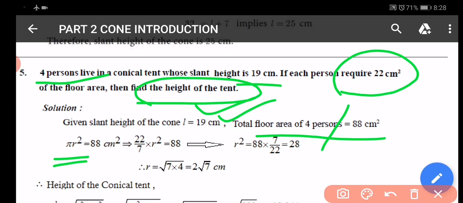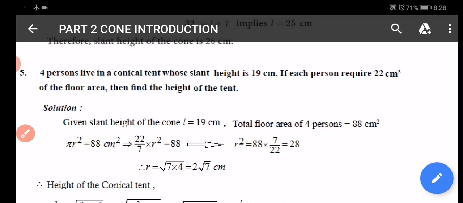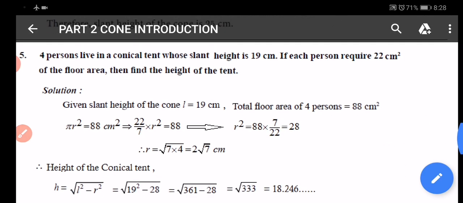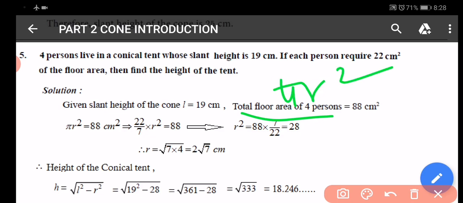So the base area is equal to 88 centimeter square. What is the formula for the area of the base? Area of the circular base equal to pi r squared. So pi r squared equal to 88 centimeter square. We take pi as 22 by 7. We get r squared equal to 28.